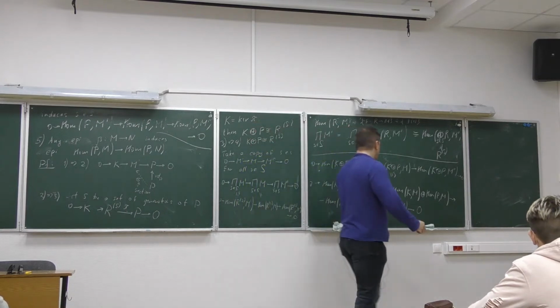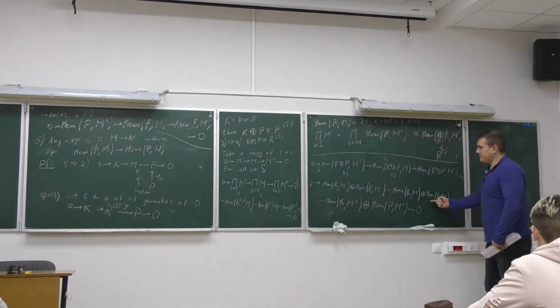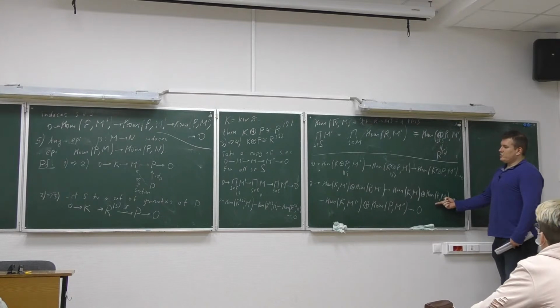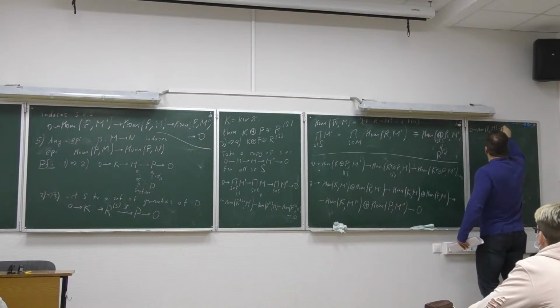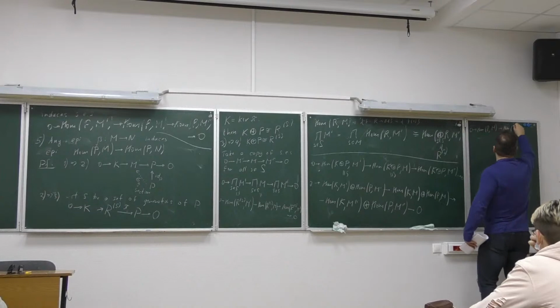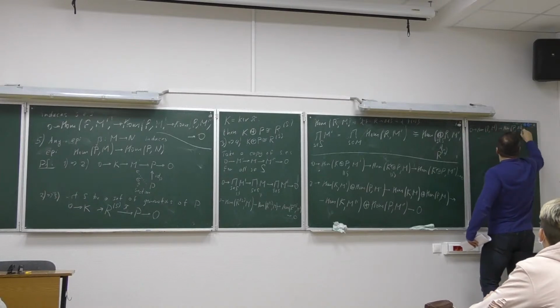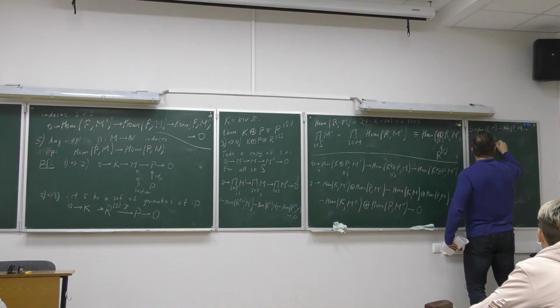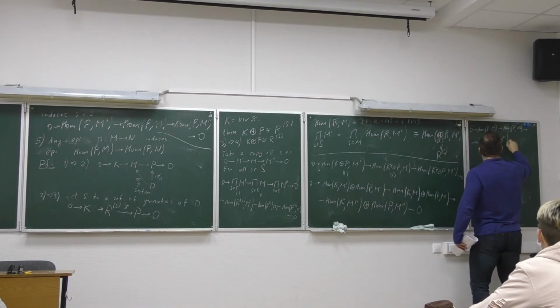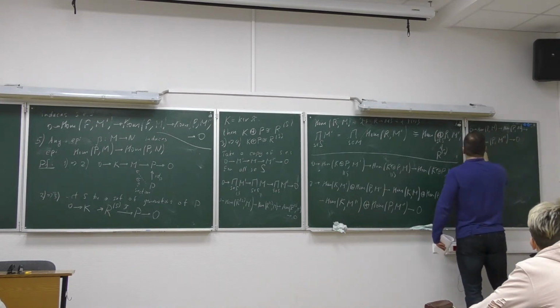Now this is a sum of two short exact sequences. So at least we know that the short exact sequence will have Hom(P, M prime), Hom(P, M), and then finally Hom(P, M double prime) is exact.